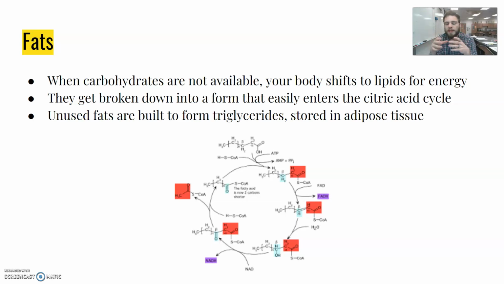And so the cell is just storing as much triglyceride inside it as possible. They're fairly boring to look at under a microscope. But here you can see a picture of the citric acid cycle where the fats are going to enter for cellular respiration when you are using them for energy.